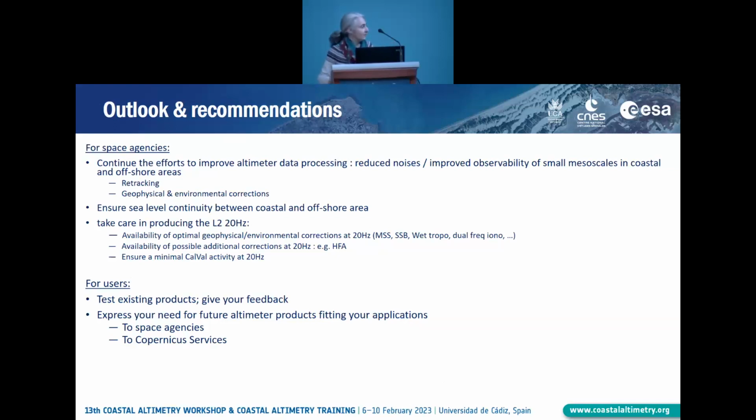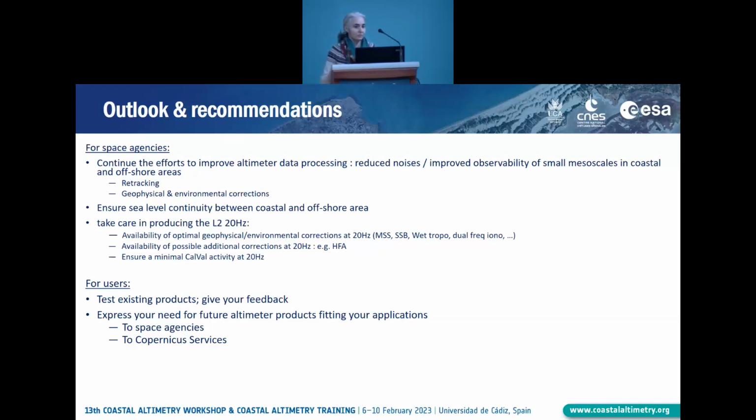As I said before, it's important to ensure the continuity of the sea level and other variables between the coast and the offshore area. And it's also important to take care in producing the 20 Hz level 2 product in order to have an optimal 20 Hz product. This kind of product is more and more used, especially for coastal applications.